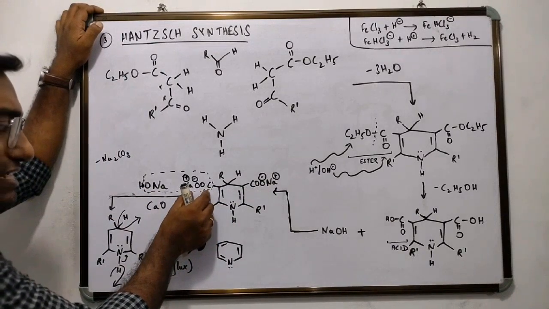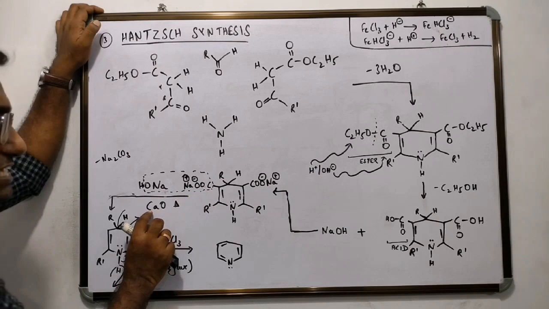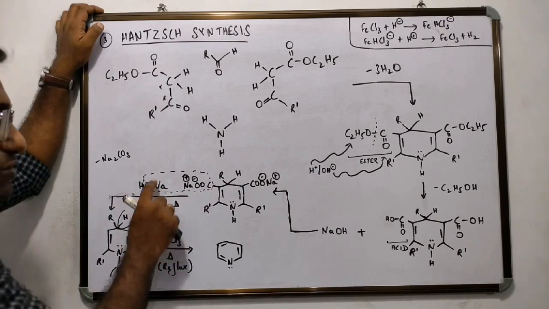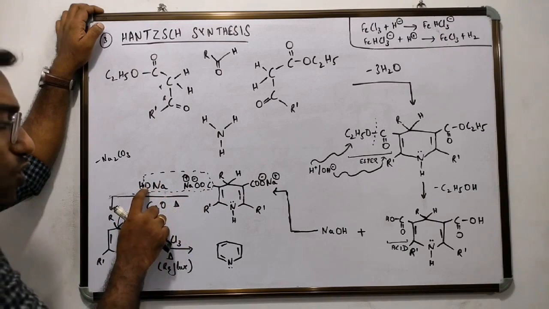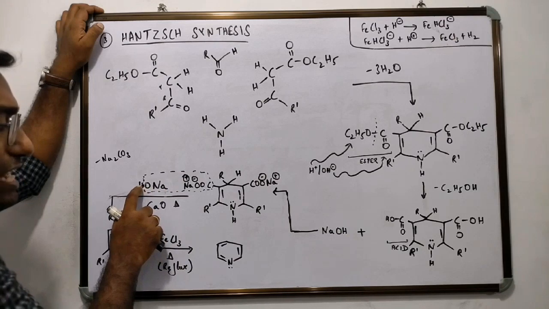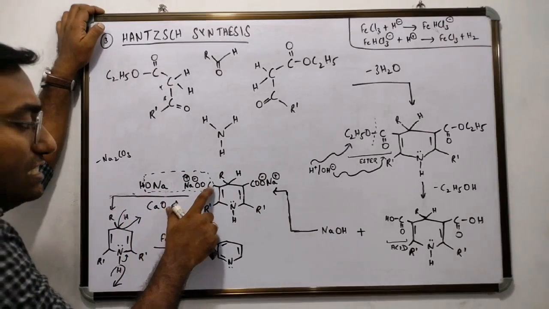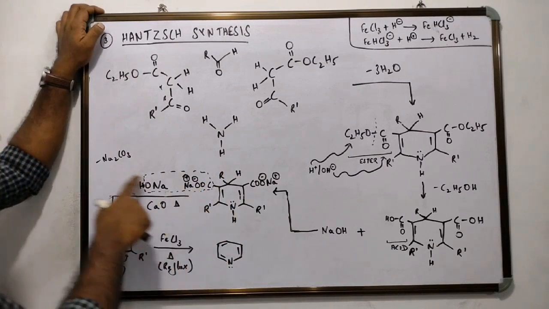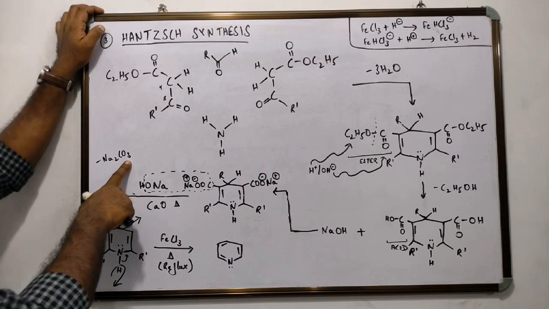Now, you can heat it with soda lime, which is CaO plus NaOH. When you heat it with soda lime, the ONa portion from the NaOH goes and attaches to COONa of the moiety to form Na2CO3.